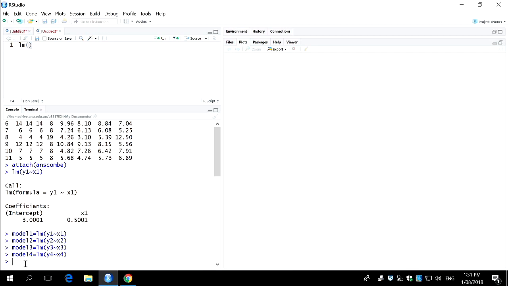Now you might not have seen lm before. lm fits linear models. The syntax is you put the y variable here, you put a tilde, and then you put the x variable here. The tilde is a binary operator which says basically relate this to this using the model specified by the function.